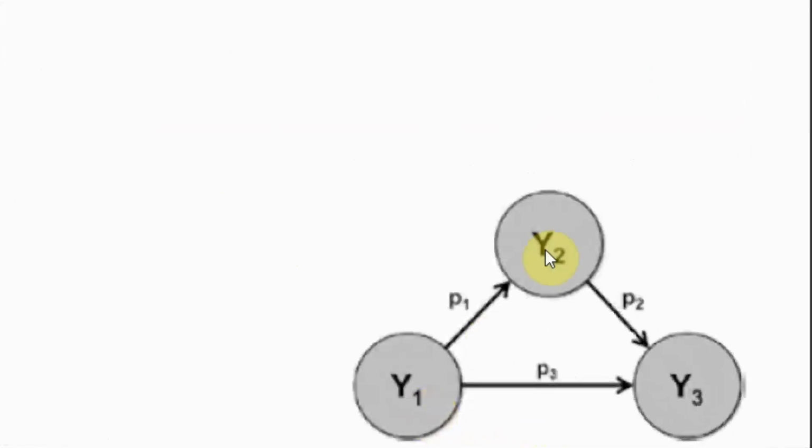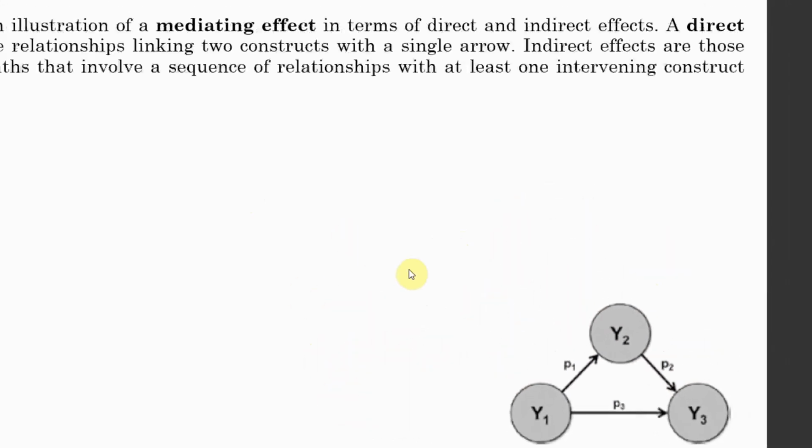Now look at this. There is a sequence of relationships between y1, y2 and y3. y1 influences y2, y2 influences y3. So your y2 is your mediator construct or mediating variable. In this case, we only have one intervening construct, but there could be more than one.